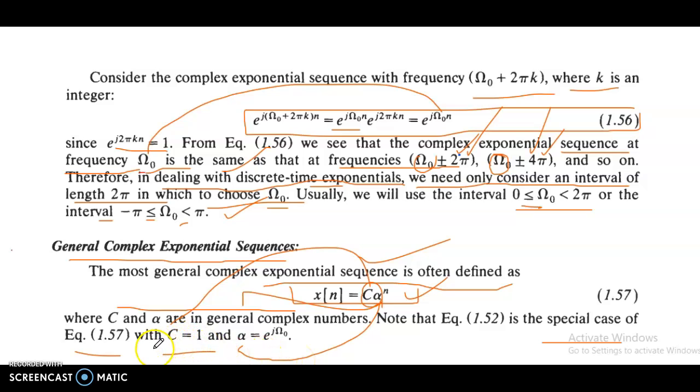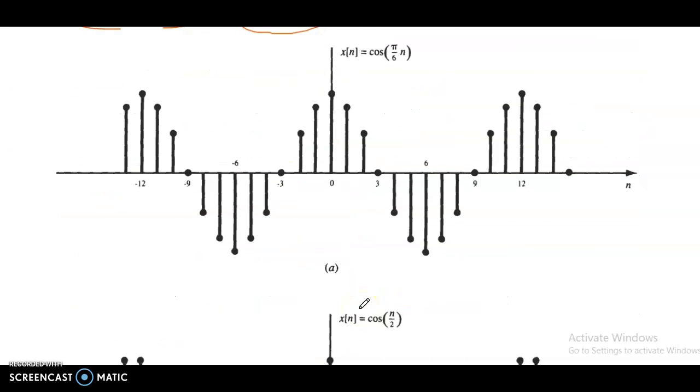That is, here c and alpha are general complex numbers, and this is the special case: c equal to 1, alpha equal to e power j omega naught.